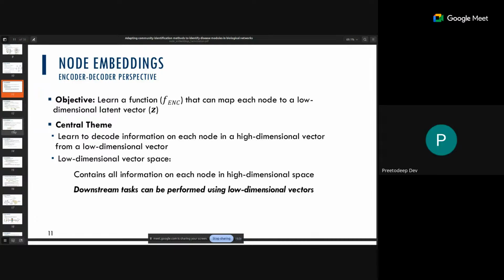Of the input vector that contains the graph. Mm, I think, no, no, no. So the encoder is something that transforms the graph and maps each node to a low dimensional latent vector.